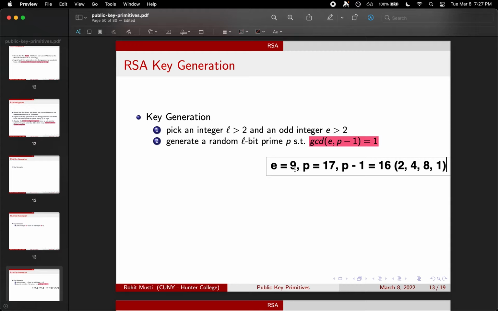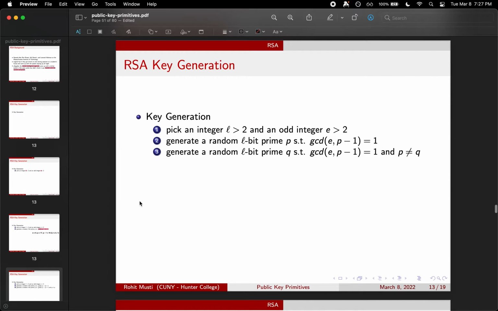Well, 9's factors are 1 and 3. So the greatest common divisor of E and P minus 1 would be 1. So that's kind of what we mean by greatest common divisor.